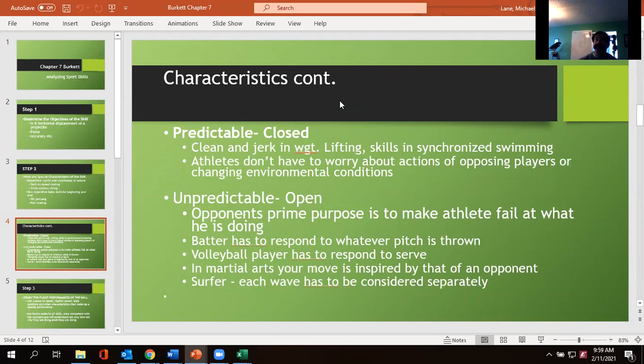Whereas a lot of sports that, let's be honest, most people are more interested in are the unpredictable, meaning this is where we have an opponent that we have to overcome, and they're going to try to react to whatever we're doing, or we have to react to what they're doing, and that's going to make things different.